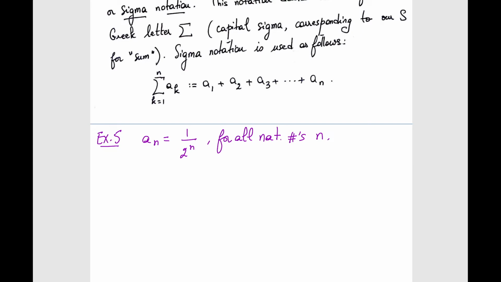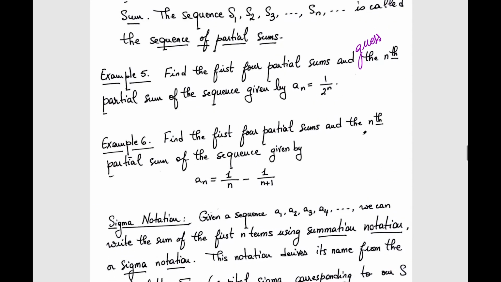It means that when n is 1, I have 1/2. When n is 2, I have 1 over 2 squared, which is 1/4. Agree with me? And when n is 3, I have 1 over 2 cubed, and 2 cubed is 8. And so on.